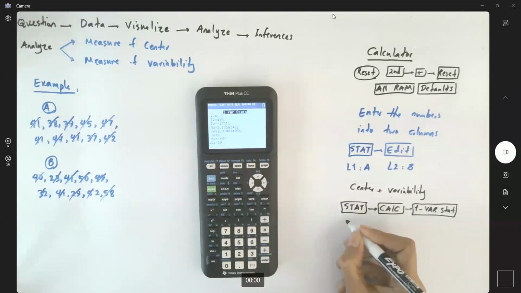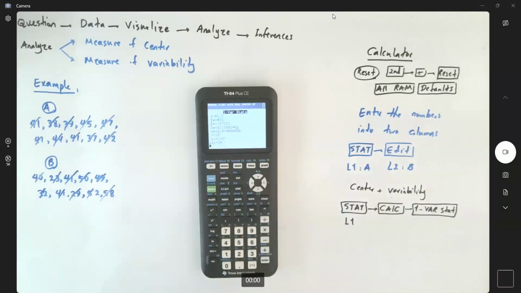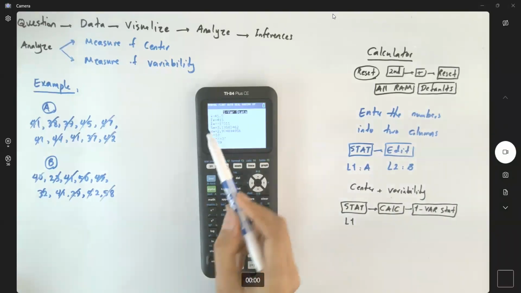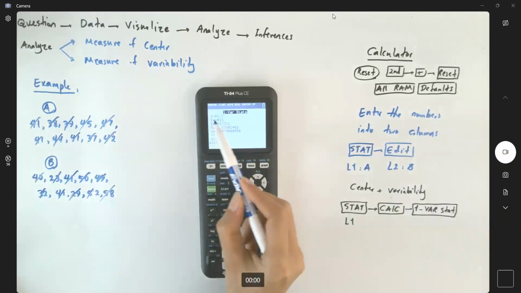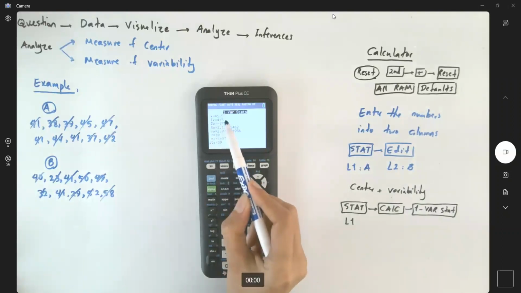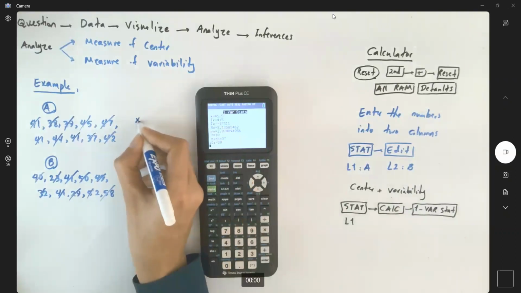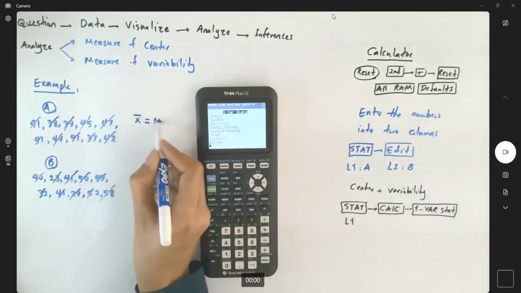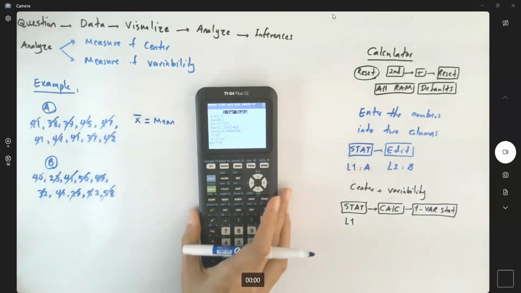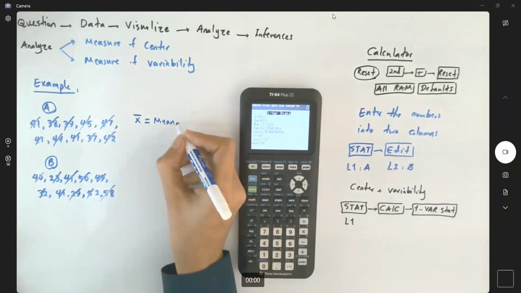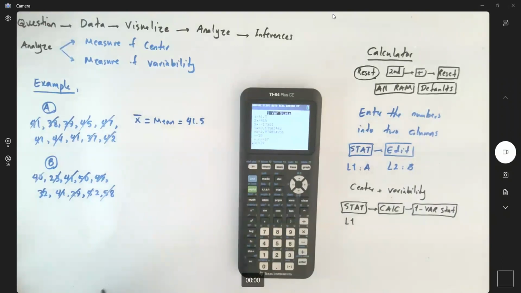Okay. So this is our first attempt in finding the information for L1. So what do we see here? We see X bar. X bar is the mean of the first data set. X bar is the mean, the average. The average is 41.5 thousand dollars. What about the variability?